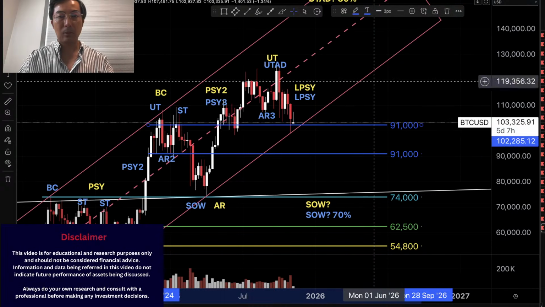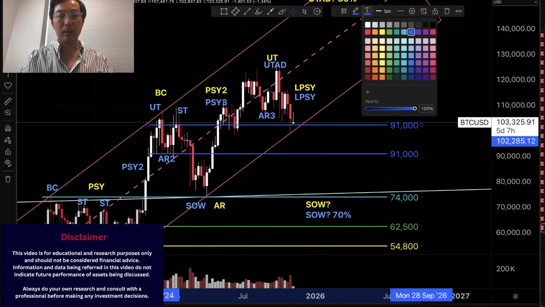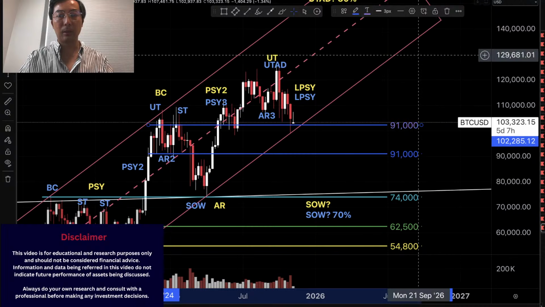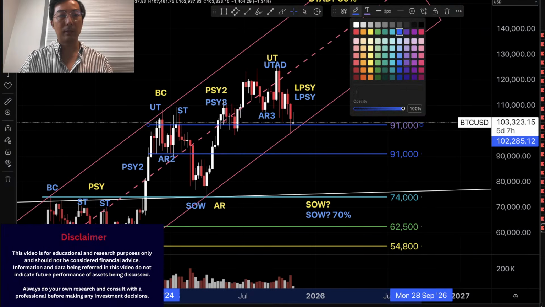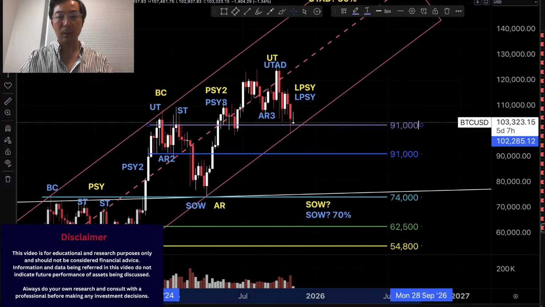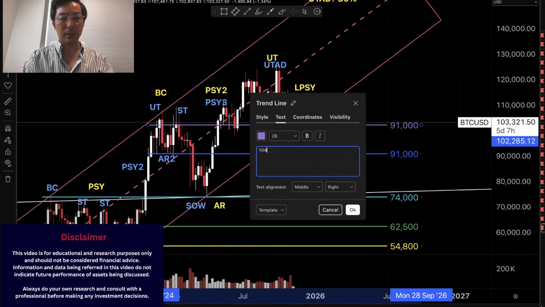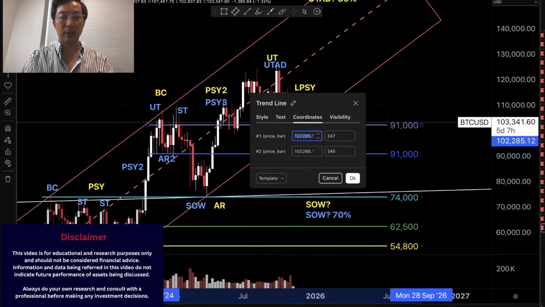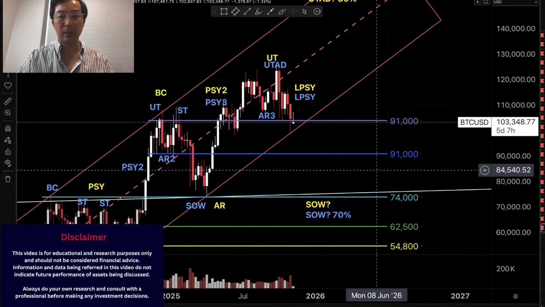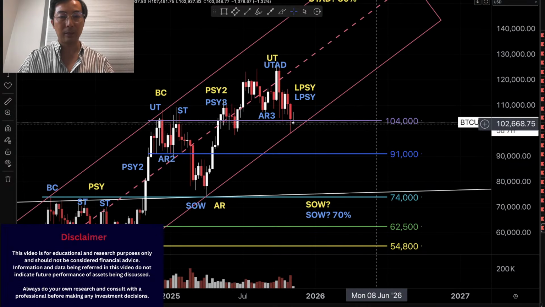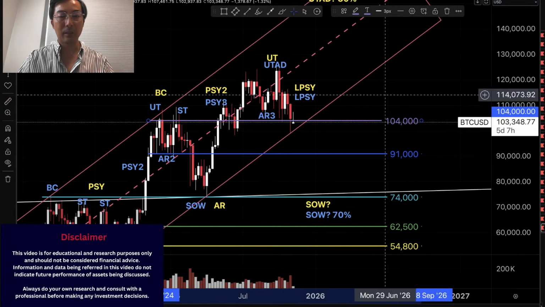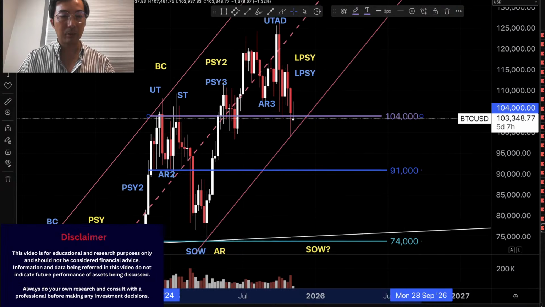Alright, so in the past sessions we have talked about this 104k support or resistance line depending on which side the price is at. I guess maybe when I was doing other sessions and copy and pasting, I accidentally took out the 104k key level.